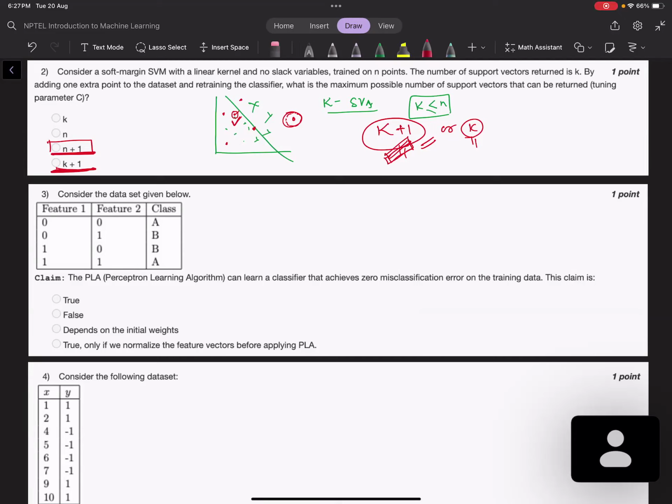I think someone answered it as false before. Yes, one answered it as false, but everyone else can try.